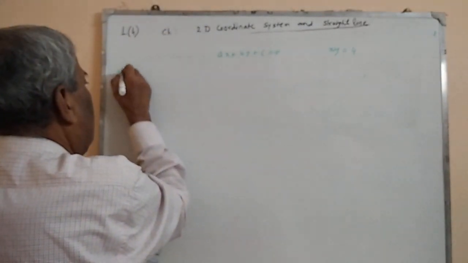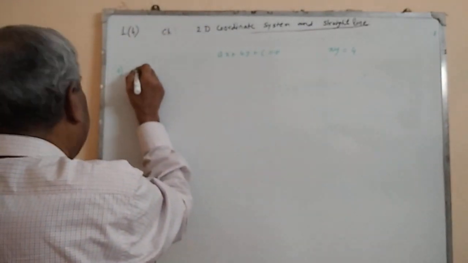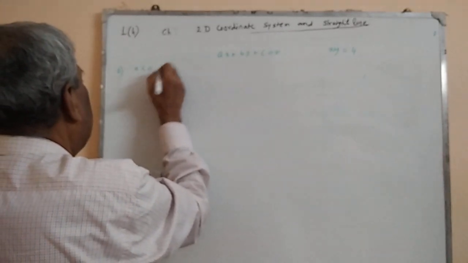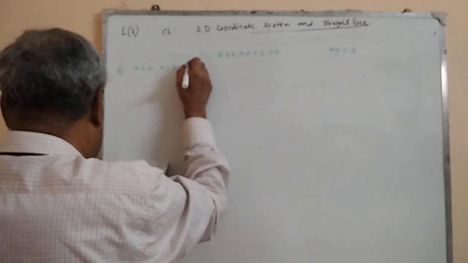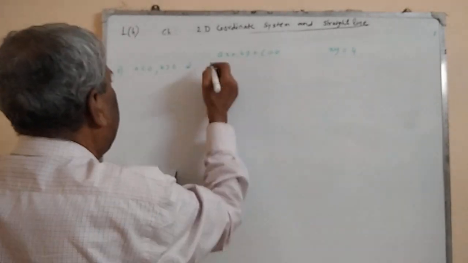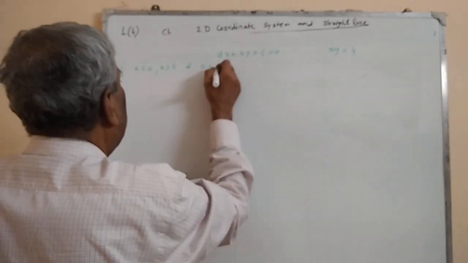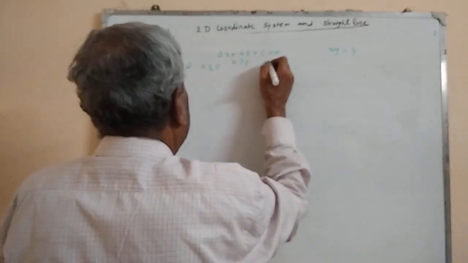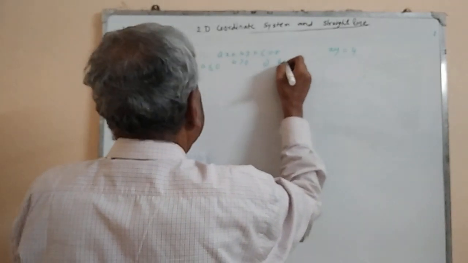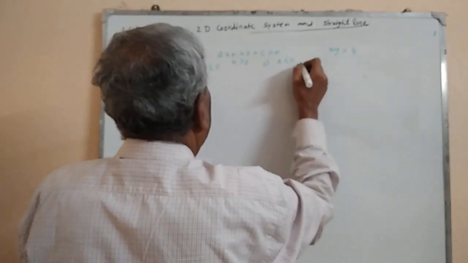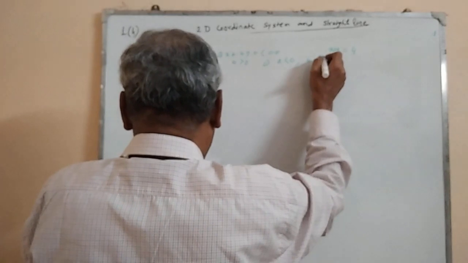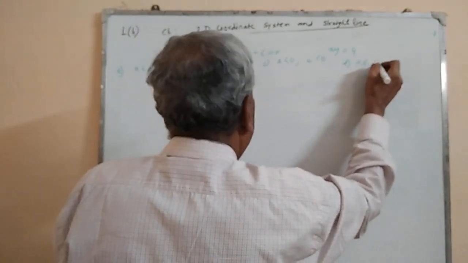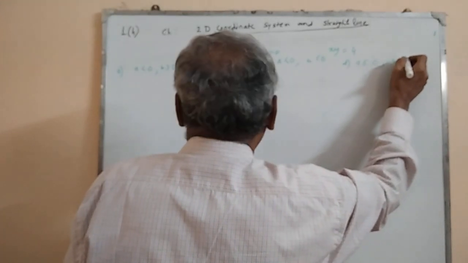Number A, a less than 0, at the same time b is greater than 0. Number B, a less than or equal to 0, b is greater than 0. Number C, a less than 0, b less than 0. Number D, a less than or equal to 0, b less than or equal to 0.